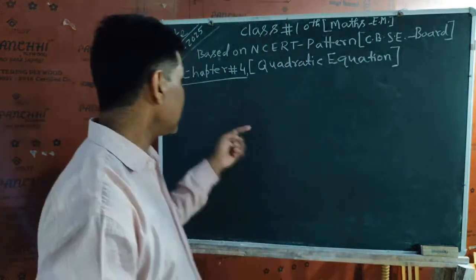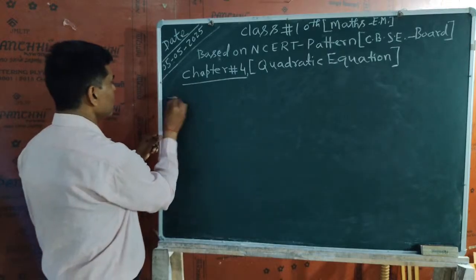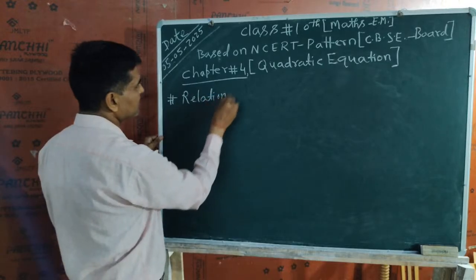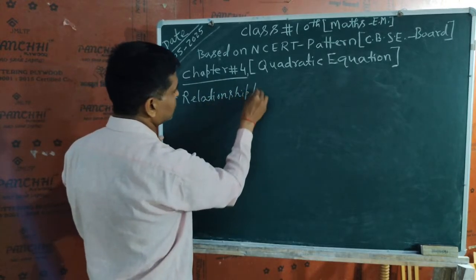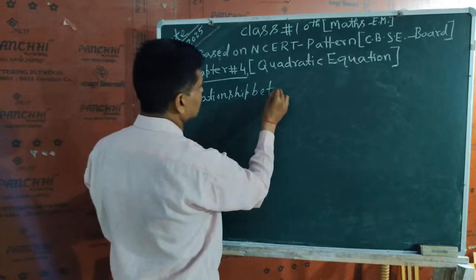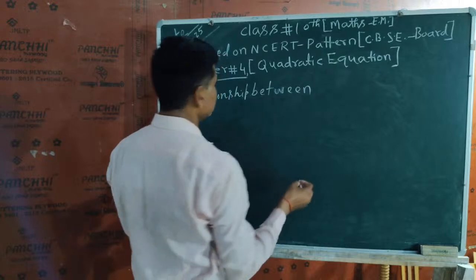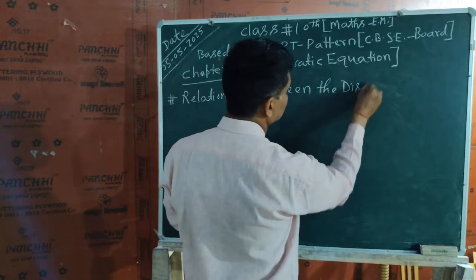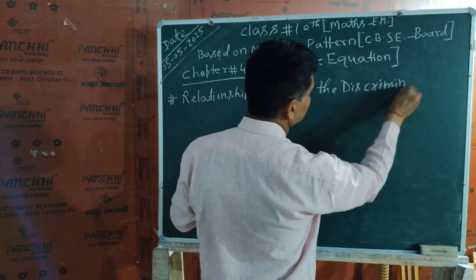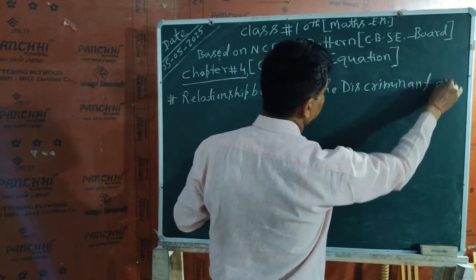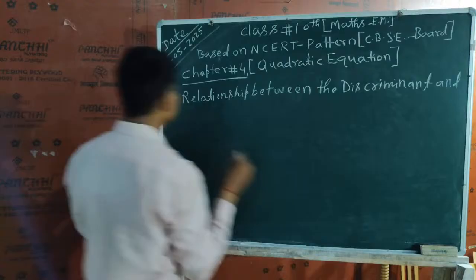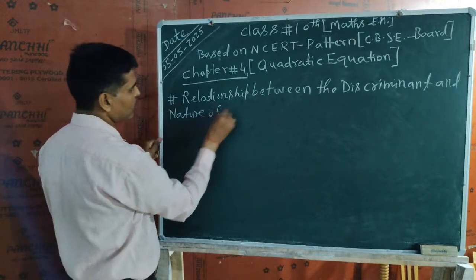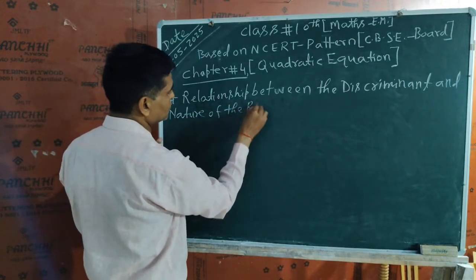You have to write this topic: relationship between the discriminant and nature of the roots.